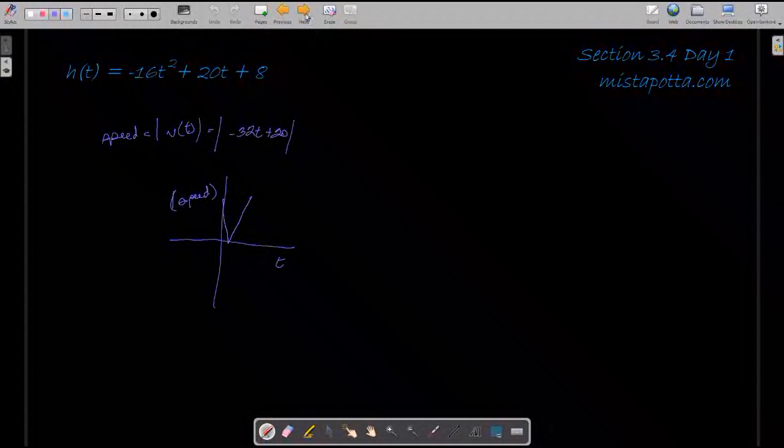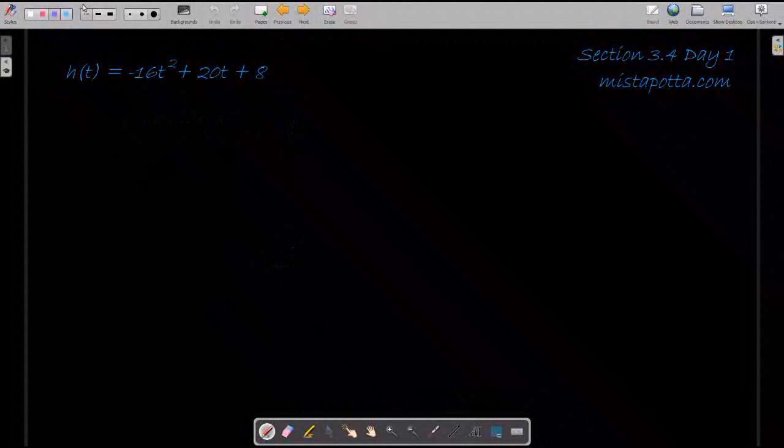Now, if I ask the question about acceleration, remember that acceleration is the second derivative of this function, which is the derivative of my derivative.